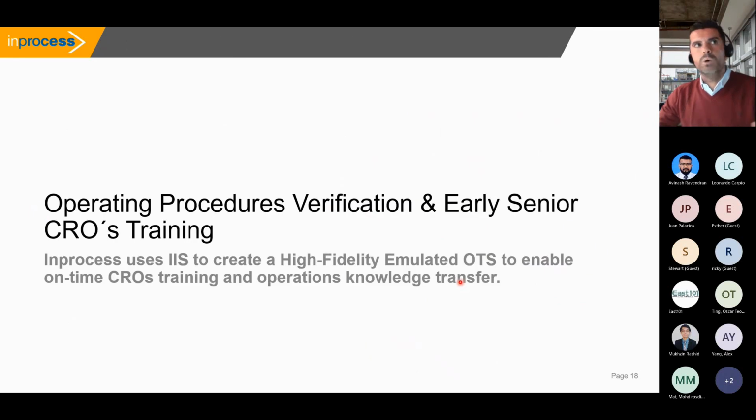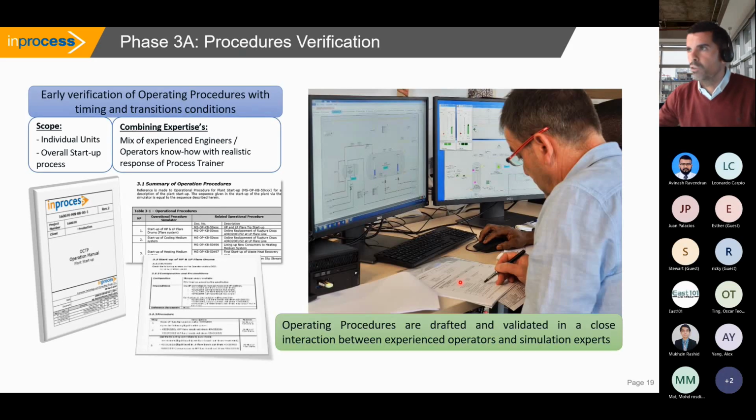So once we have this control narrative verification, what we do is the operating procedures. Operating procedures are another interesting thing, because once we are growing the model, what we start testing is not only the control narrative, but now, talking to operations, it's all the procedures.